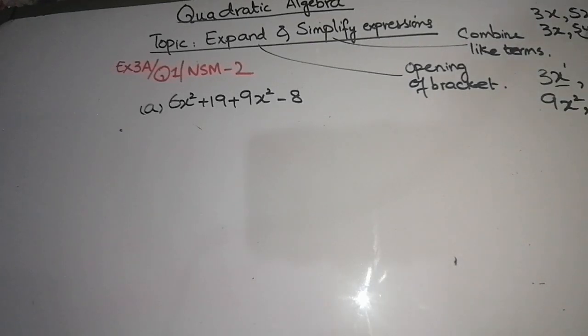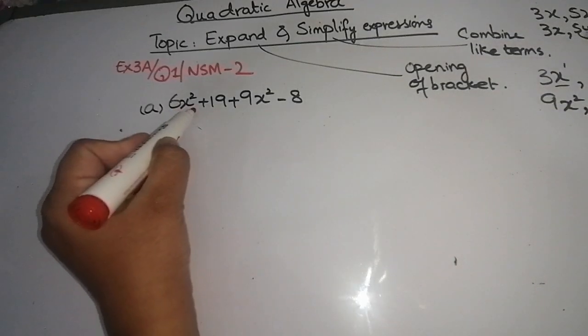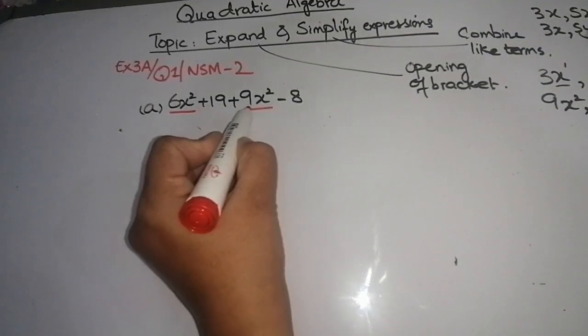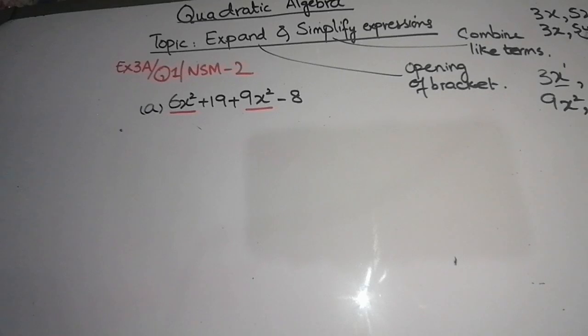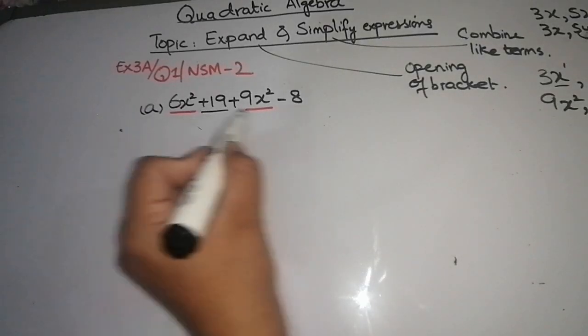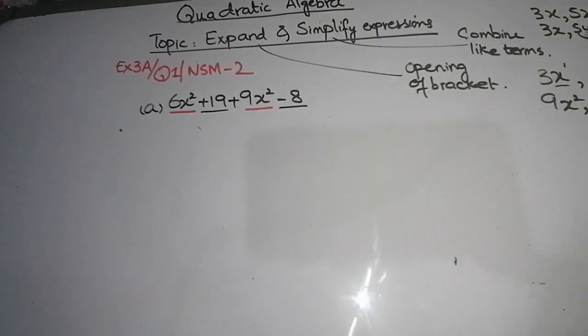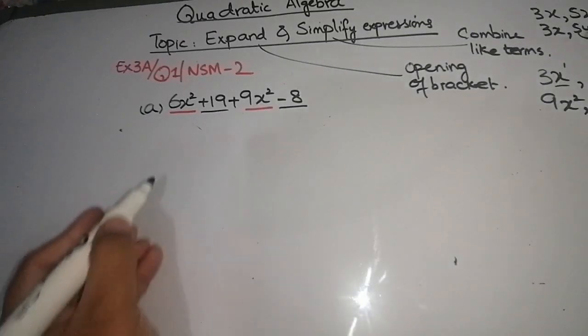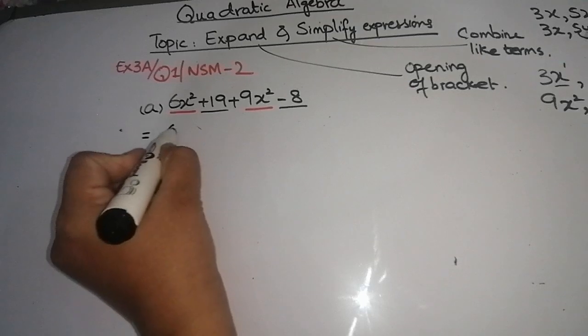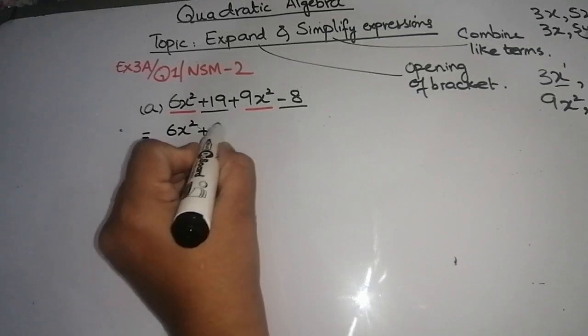There are two groups we can make. These two are like terms because the variable as well as the power is the same, and these are like terms because they are both constant terms. So let's write them together: 6x square plus 9x square.